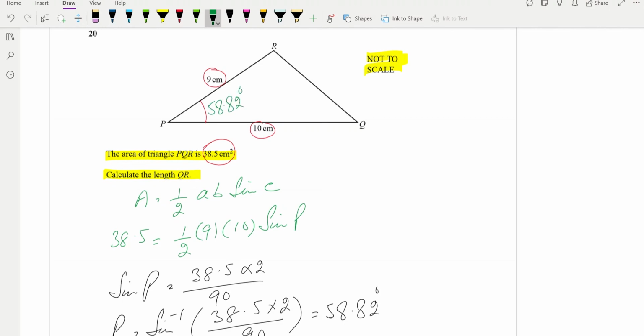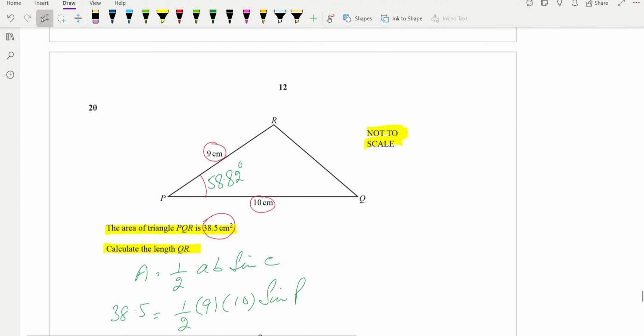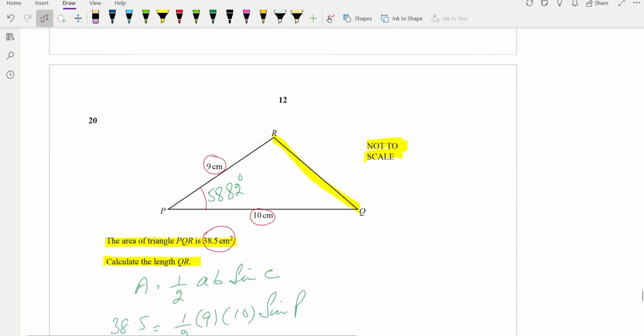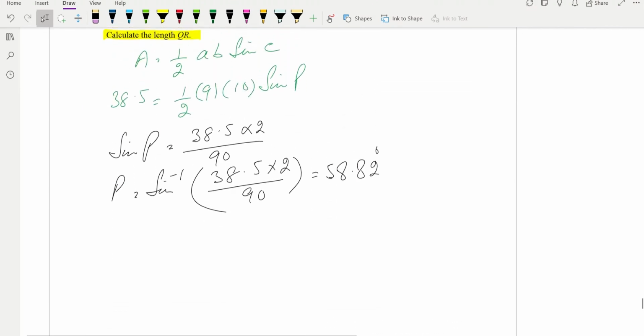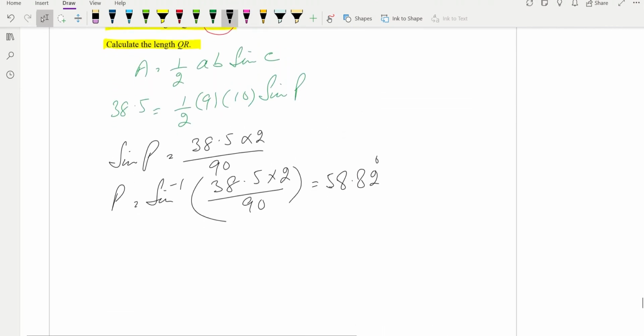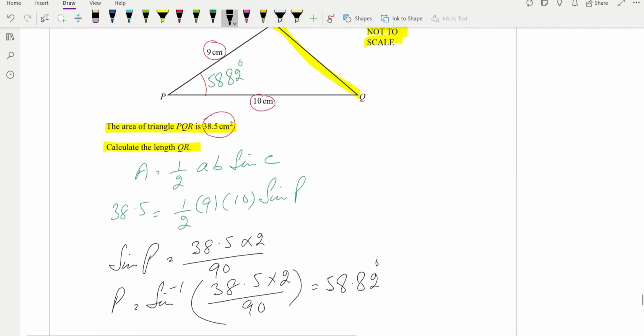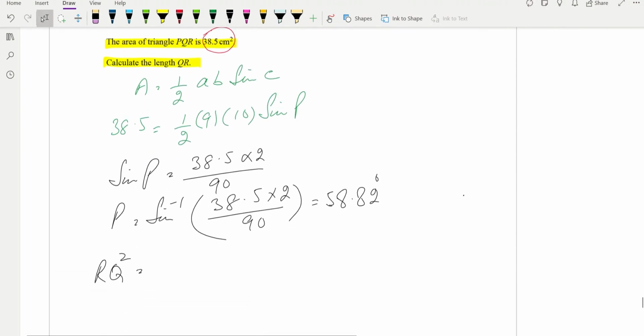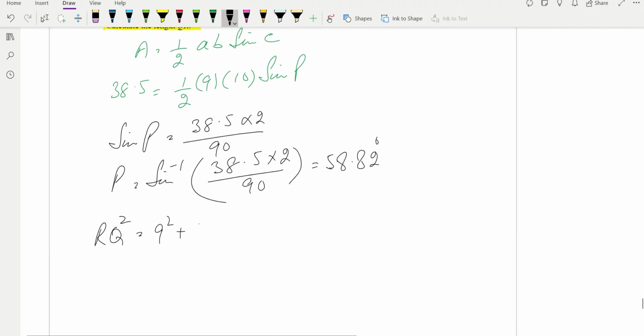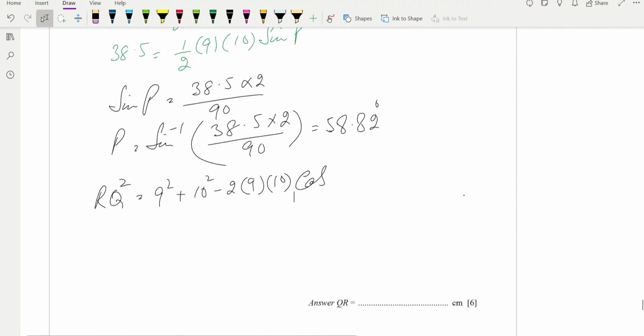Now after getting this angle, we can find RQ side or QR side, which is this side. Basically this one we can find by cosine rule, and cosine rule we will be applying. RQ square will be equal to one side square, which is 9, and another side is 10, so 9 square plus 10 square minus 2 into one side into other side, and cos of theta, which is 58.82 degrees.